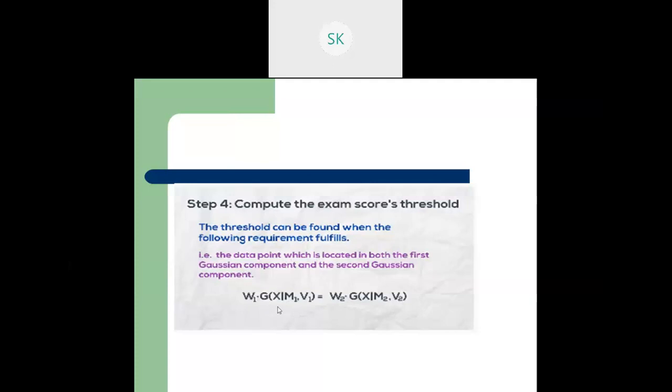Then both will be equal, because the two components need to be declared based on some threshold value.